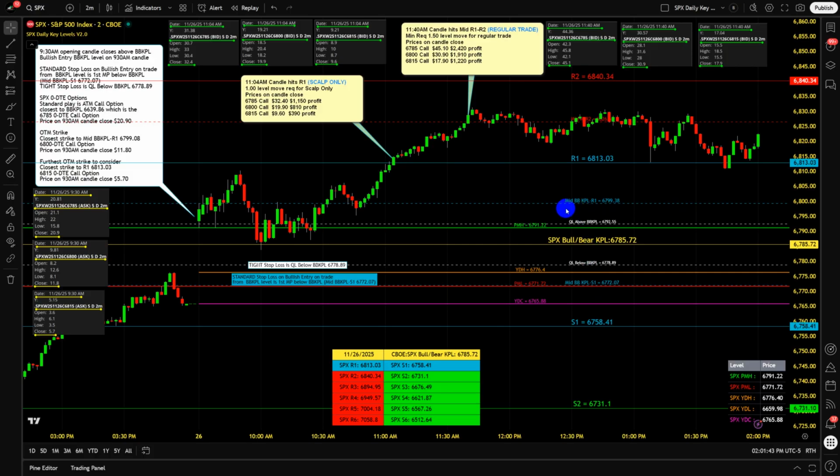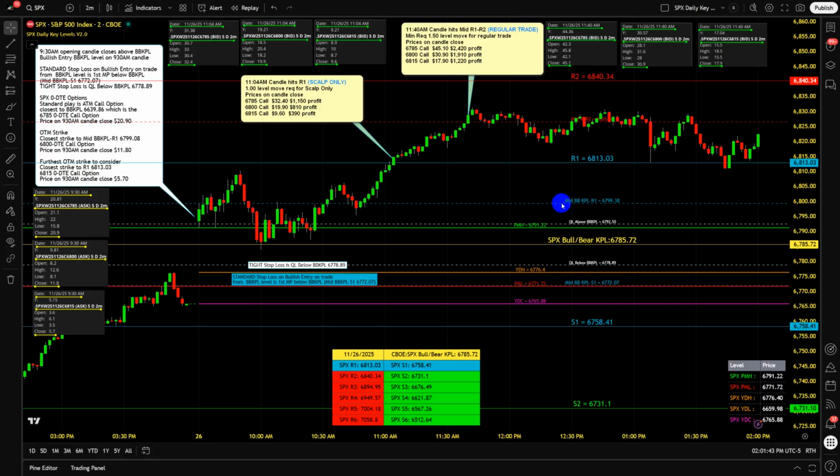In the case of QL levels, they serve as tight stop losses above and below each particular level, which in this case we just have the ones turned on for the bull bear KPL for today's session. The midpoint levels serve a couple of other purposes, one being the standard stop loss levels for bullish and bearish trades, depending on which level you're taking the trade from.